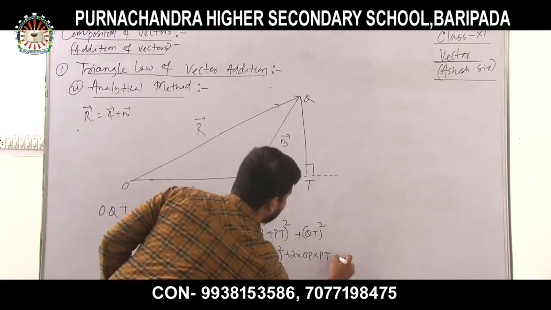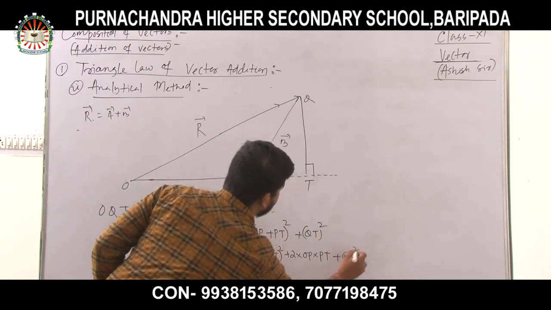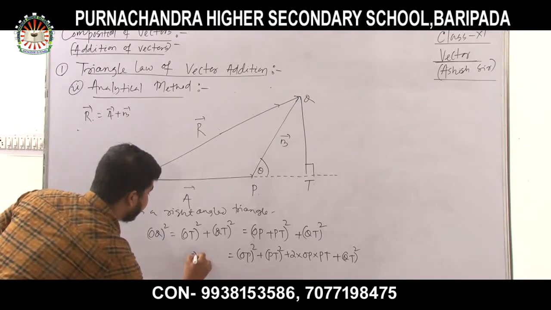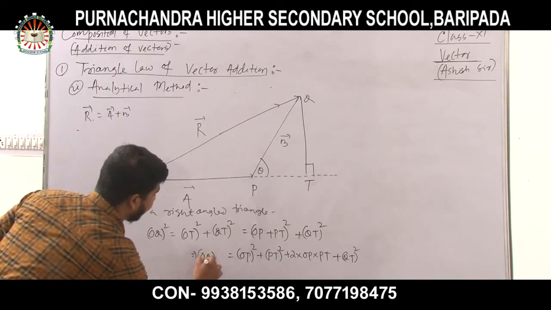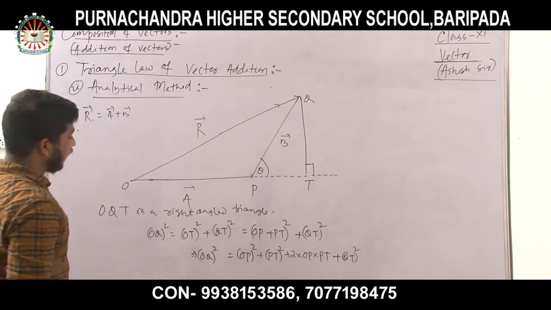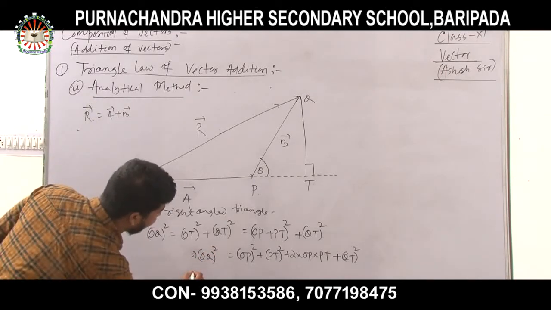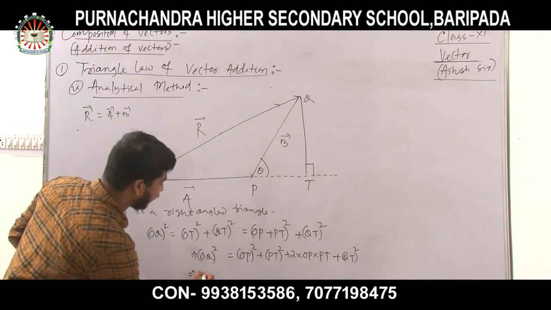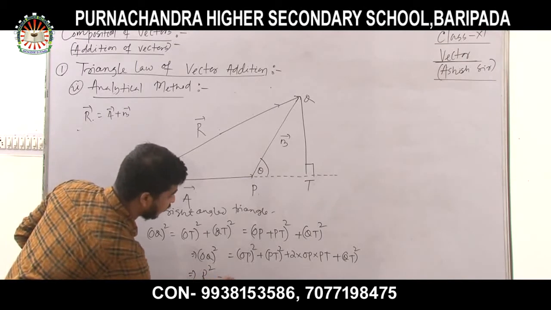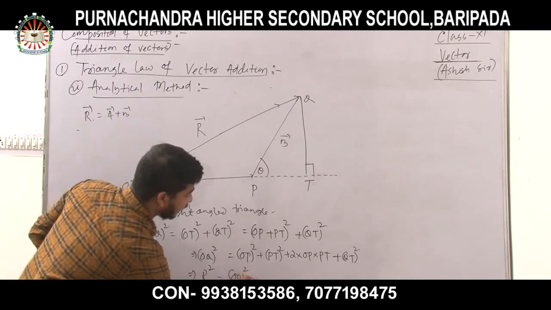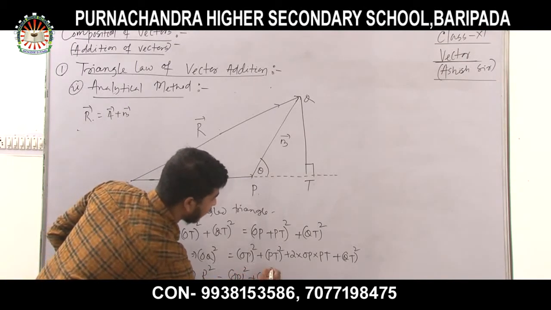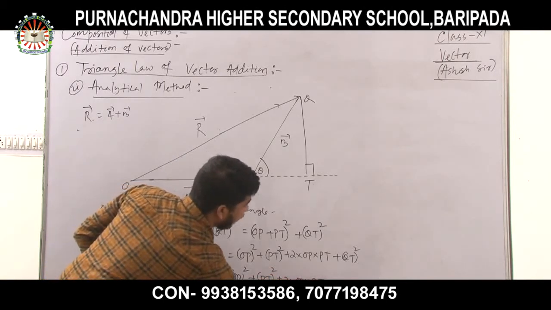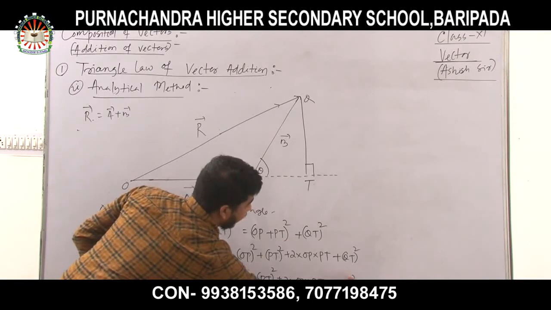Here it remains with QT square. So this implies this is what? OQ square. O to Q, OQ square is what? R square. So here you can write R square is equal to OP square plus PT square plus 2 into OP into PT plus QT square.